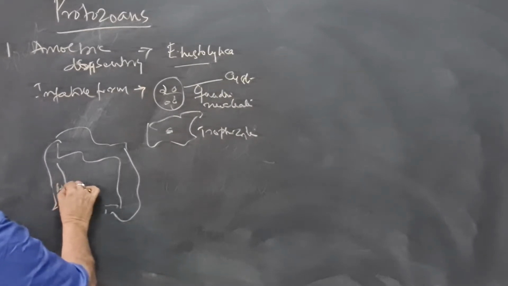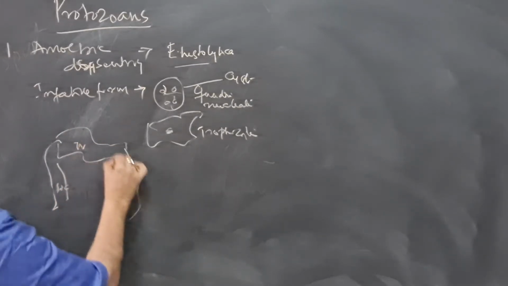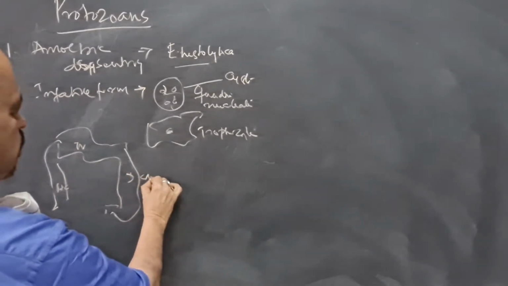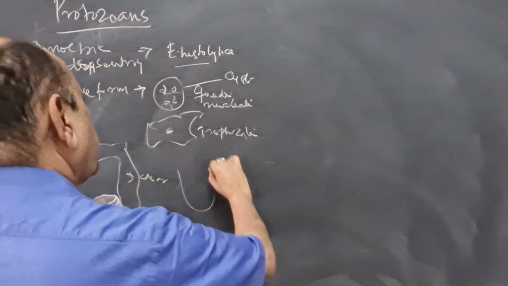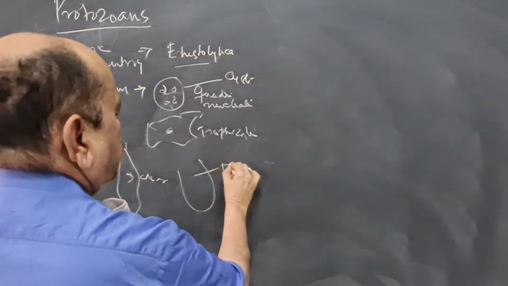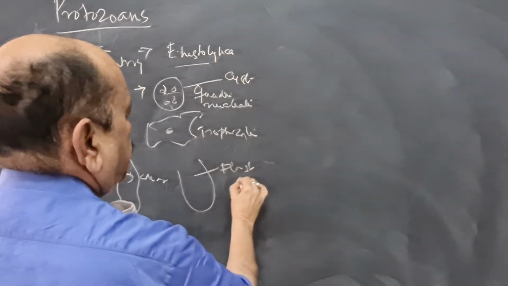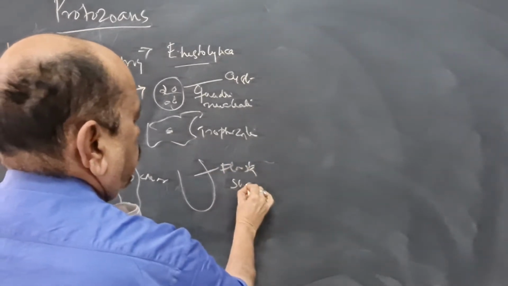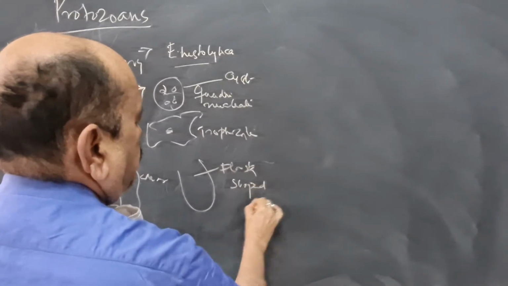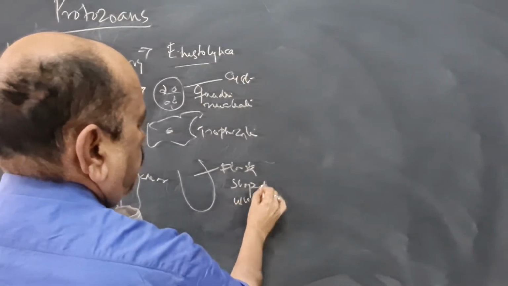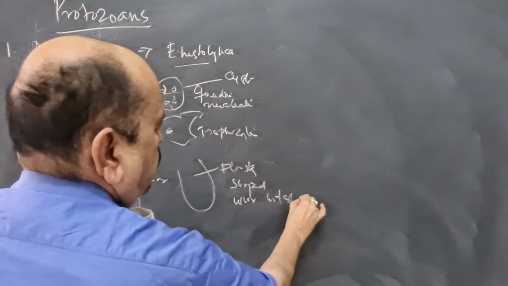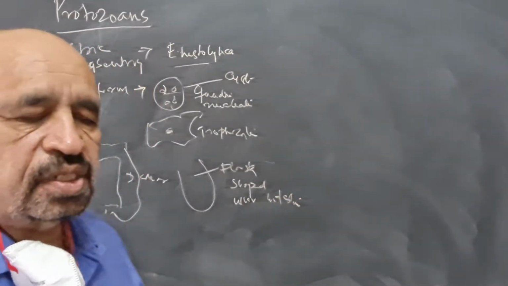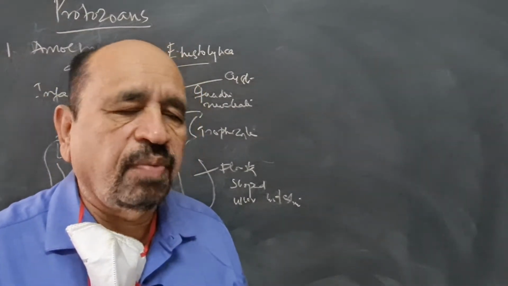This is the ascending colon, this is the transverse colon, this is the descending colon. It gives rise to flask-shaped ulcers in the intestine, and amoebic dysentery.